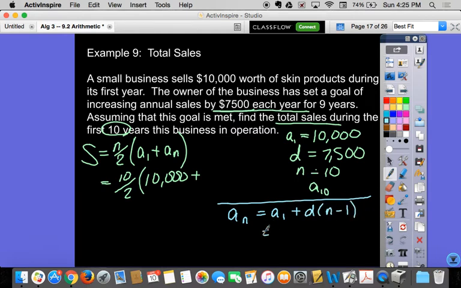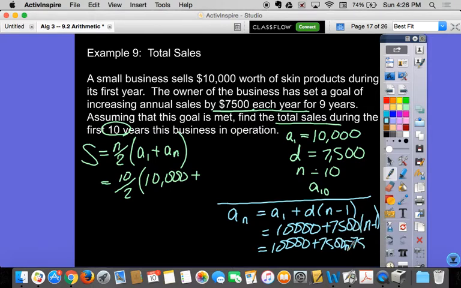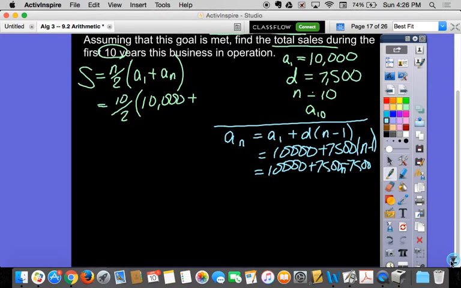And I'm going quick because I know I'm running out of time. I've got 10,000 plus 7,500 times n minus 1. So if you go through and you distribute that, you've got 7,500n minus, oops, put my n on there now. Okay. I've got like 30 seconds at this point.